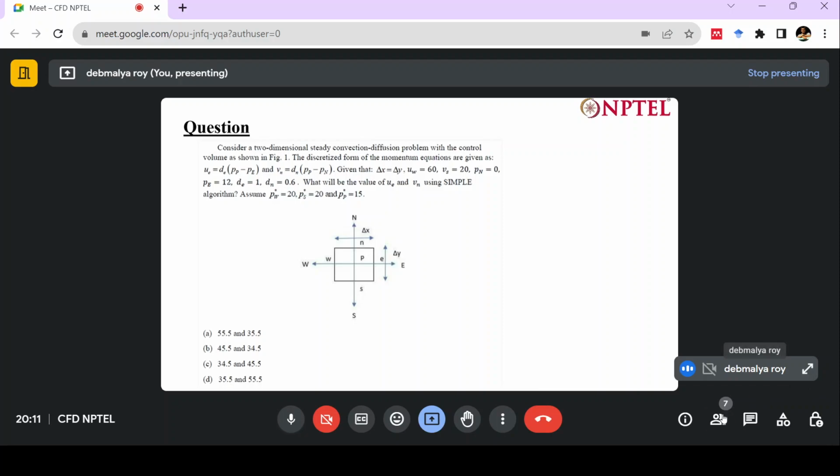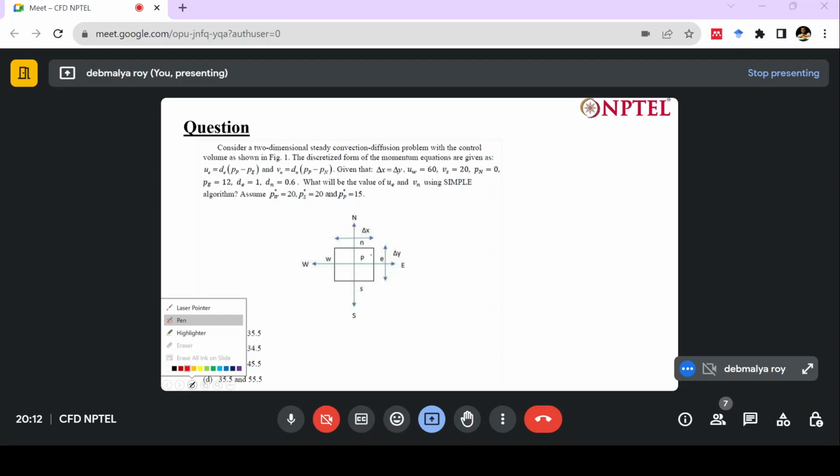So have you tried attempting this question? Here let's see what the given boundary conditions are.